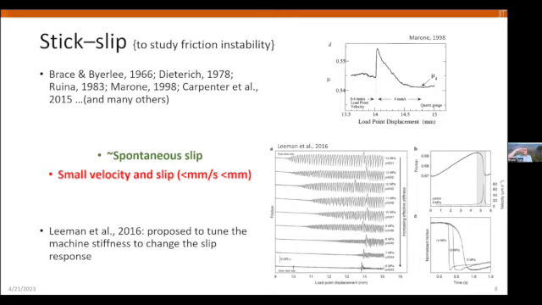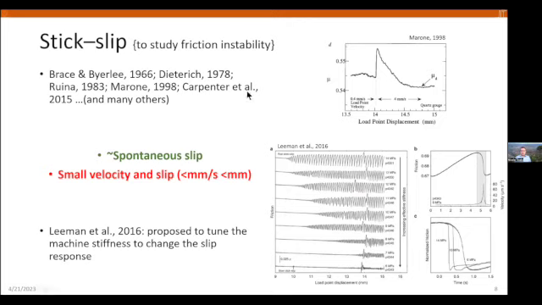In the sandwich there's a certain normal stress applied perpendicular to the direction of sliding. And what is measured is the resistance, again, like shown in the previous slide. And the idea is that if you change the stiffness of the machine around such a sandwich of rock, you will change the behavior of the fault.